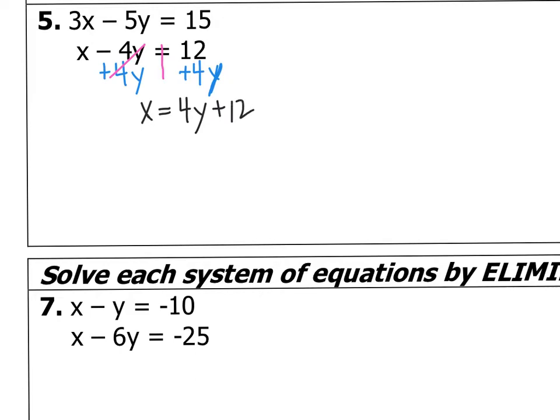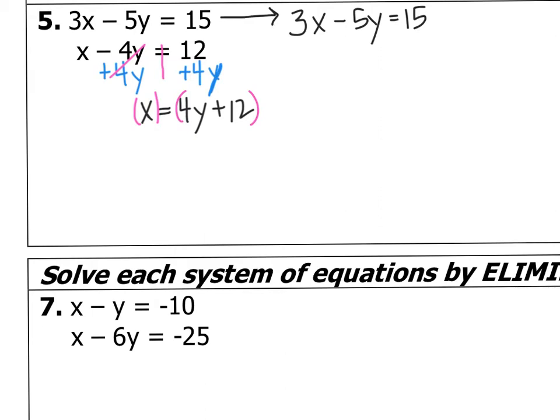Now I've got a statement that tells me exactly what x is equal to, so that when I go to the other equation, I can take the x out and I can replace it with 4y plus 12. All it takes is getting one of your variables alone so that you can do that. Which means now I can take this first equation, the one I haven't used, and write 3x minus 5y, I'm just recopying now, equals 15.